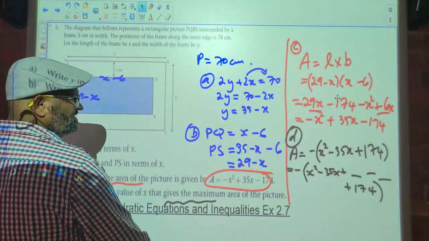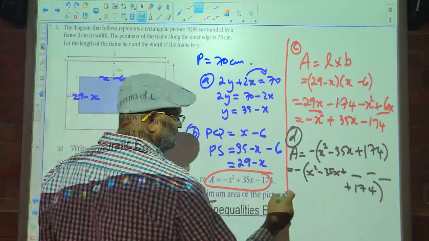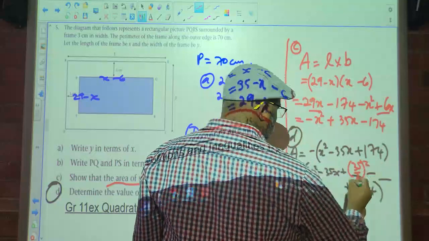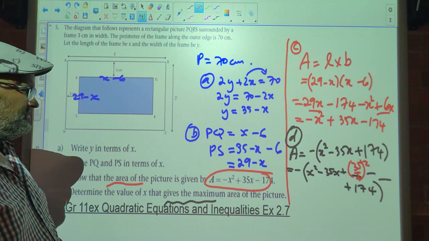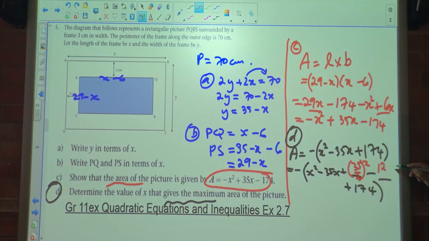What's the number in this case? It's 35 over 2, and it must be squared. You check on the calculator, what is 35 over 2 squared? 1225 over 4. So there's my perfect square trinomial, not so?